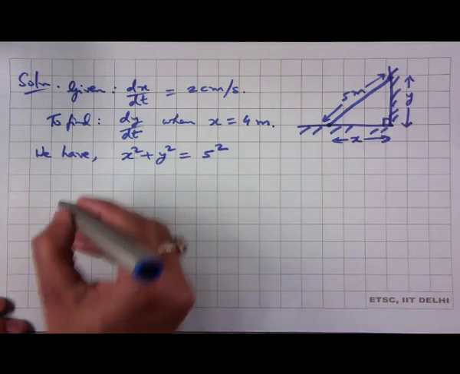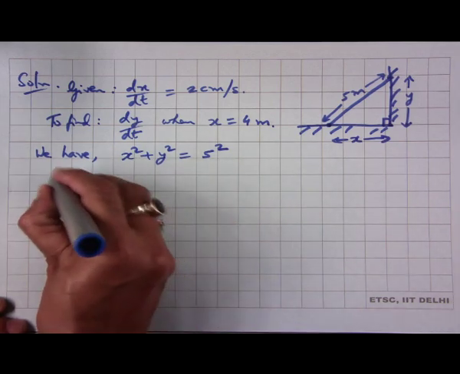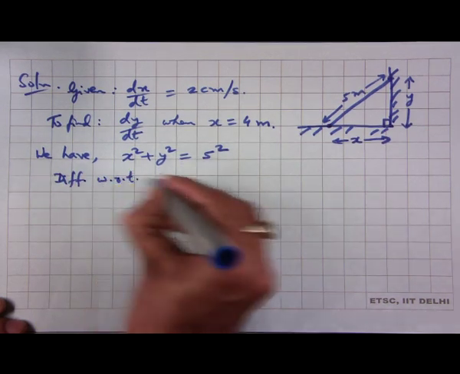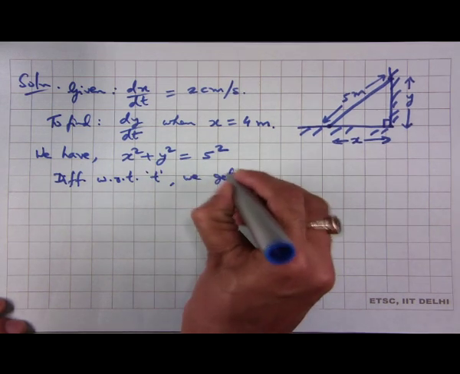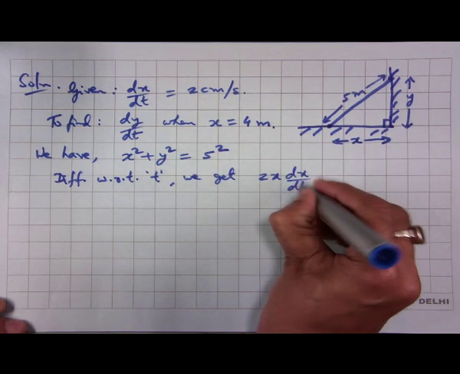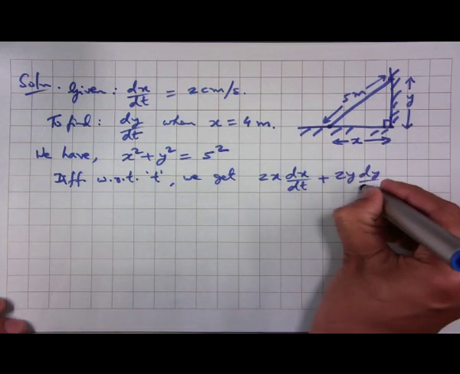So, if we differentiate this with respect to t, we get 2x dx/dt plus 2y dy/dt.